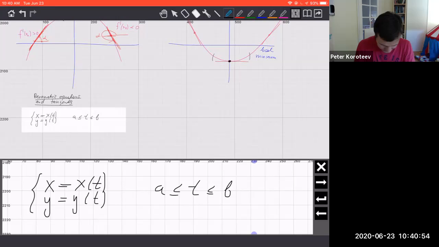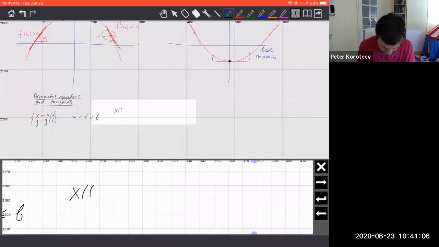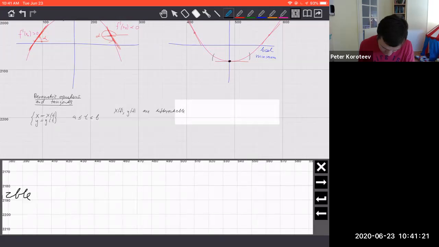And we assume that both functions, x of t and y of t, are differentiable as functions of t, differentiable on the segment AB.